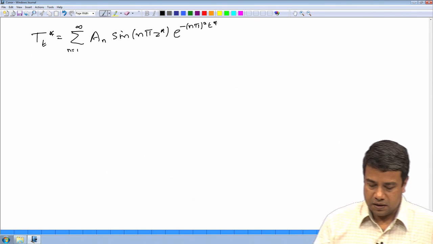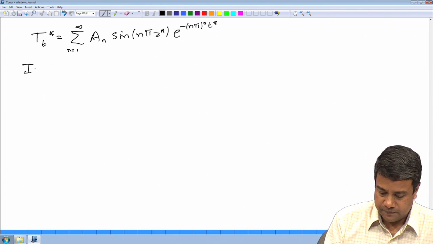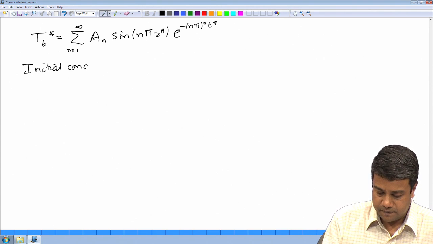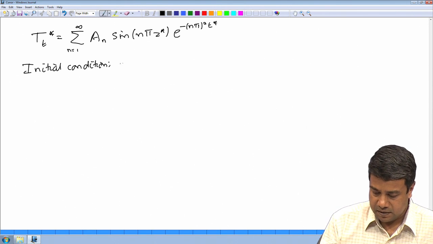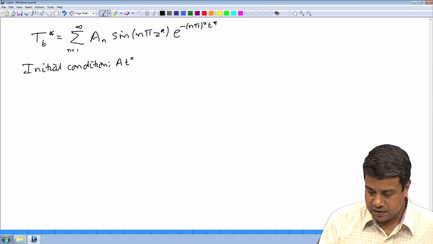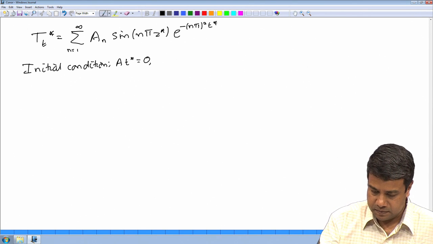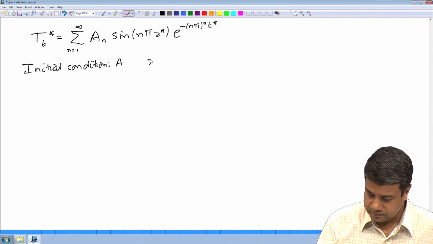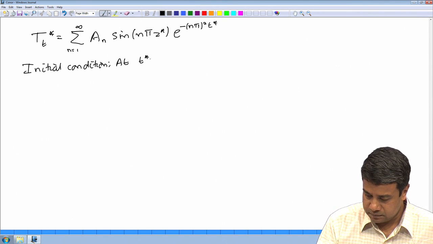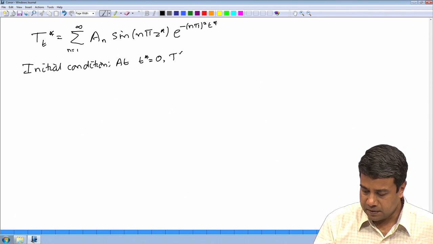The initial condition that we had was that at t star equal to 0, capital T star is equal to minus of 1 minus z star.